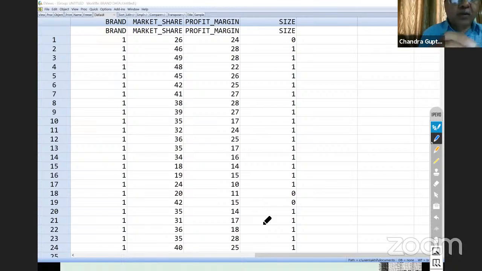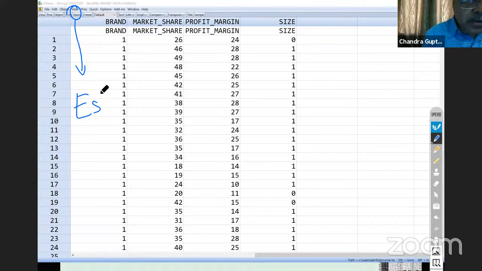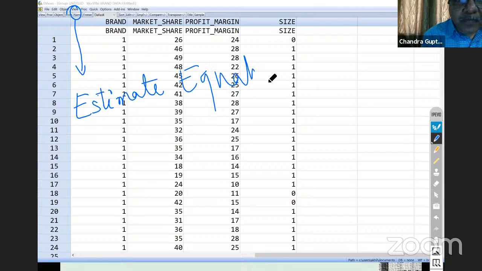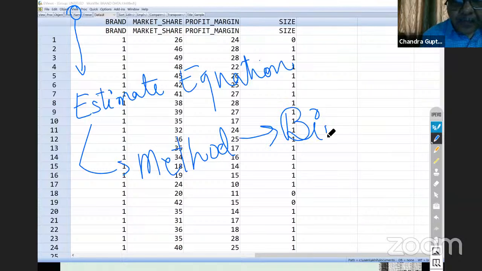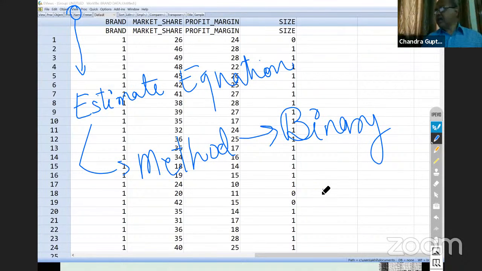Go to View. There you will find Estimate Equation, and in the equation you look for the method, binary. Let's see how we do it.